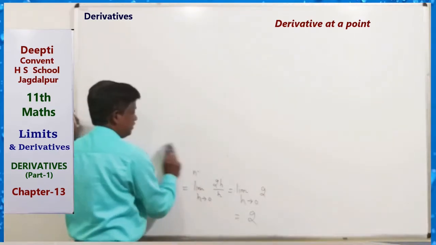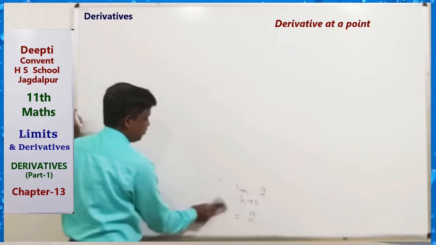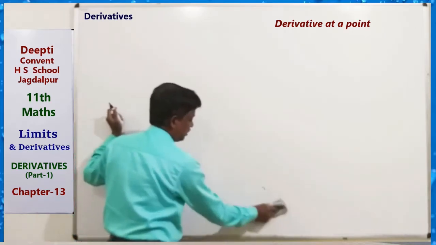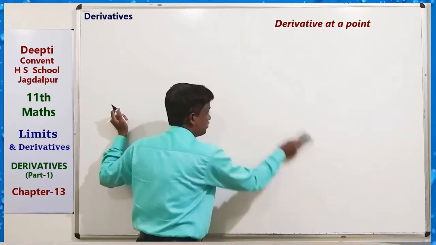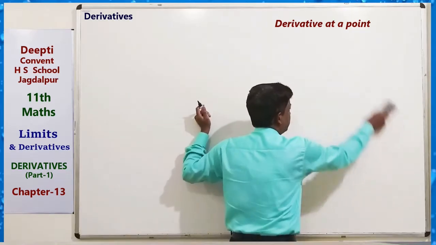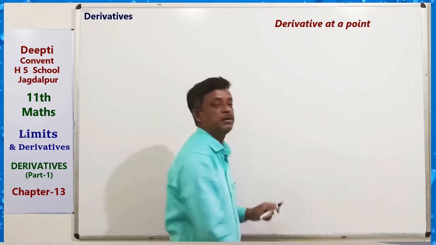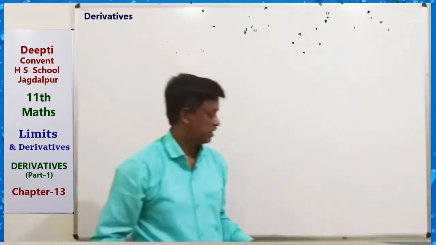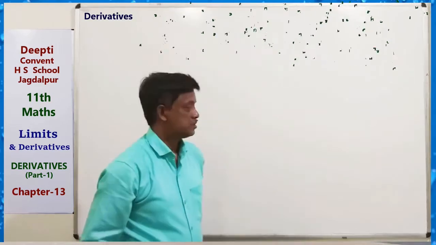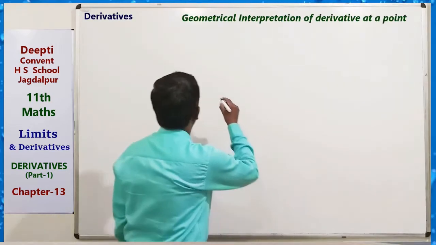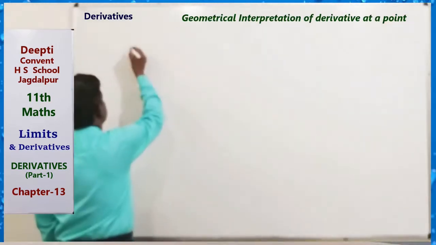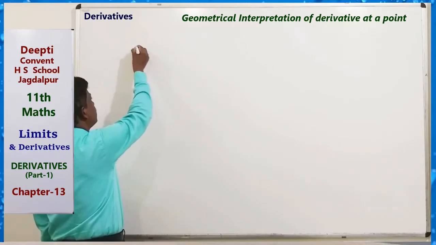Derivative is a very, very important topic of calculus, because it is the main thing from which we start our study of higher mathematics. So let's see this geometrical interpretation.